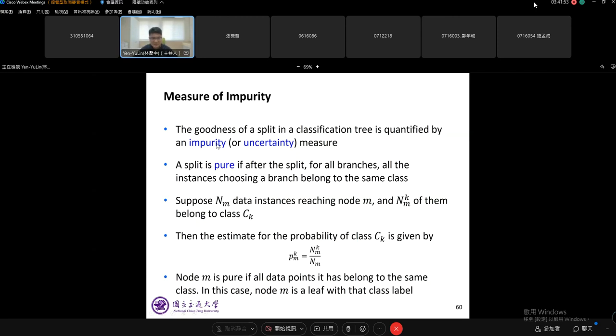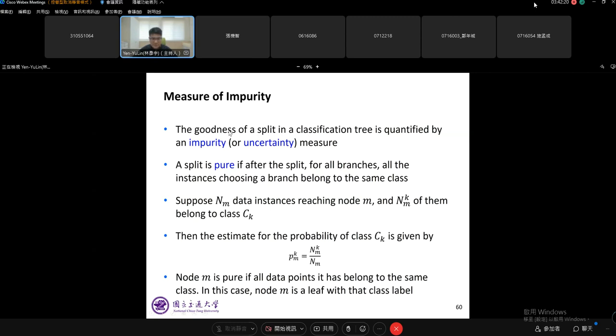Okay, in the following, I'm going to specify how to determine the optimal split for each decision node. So it is required to introduce some notation. We want to estimate the goodness of a split for classification.